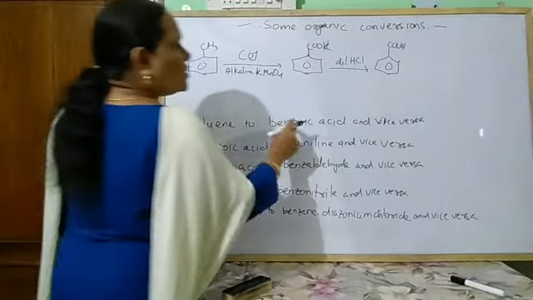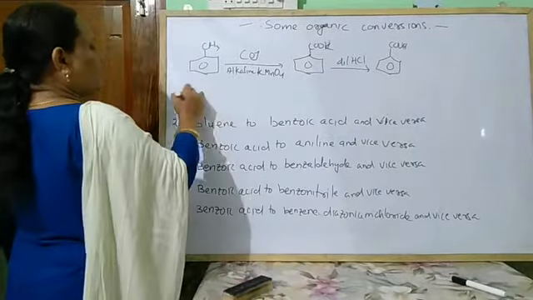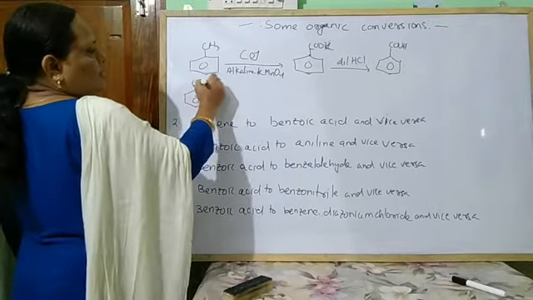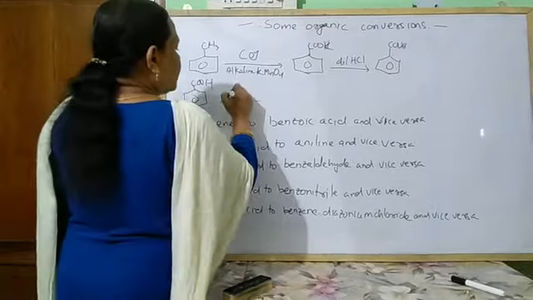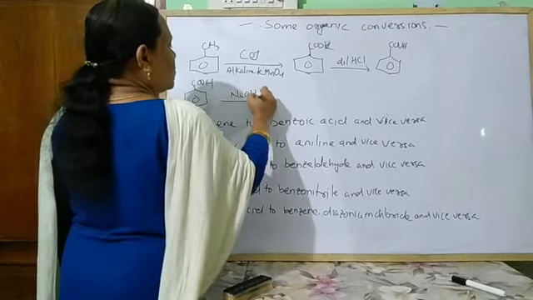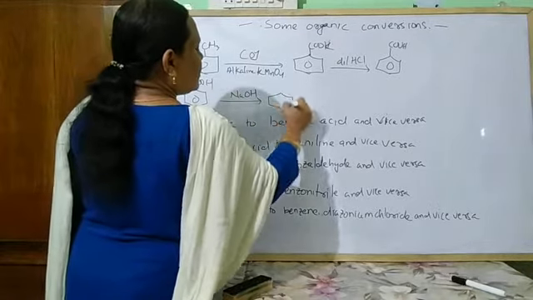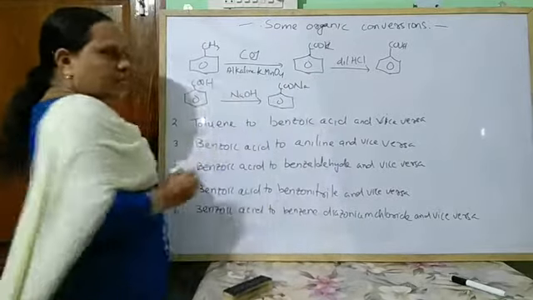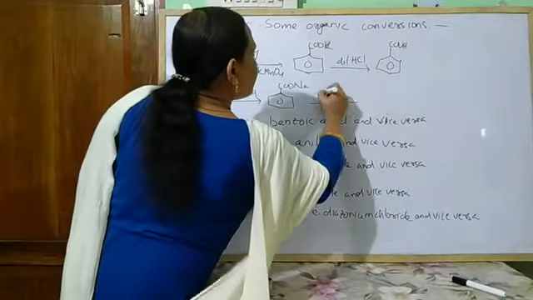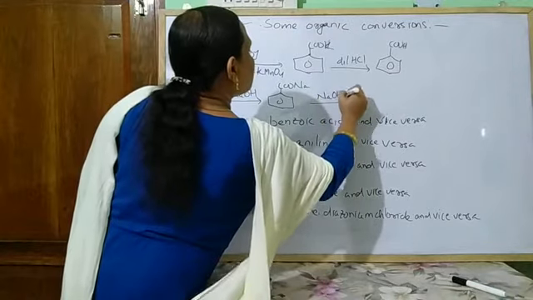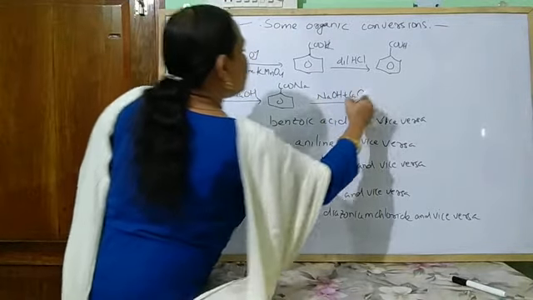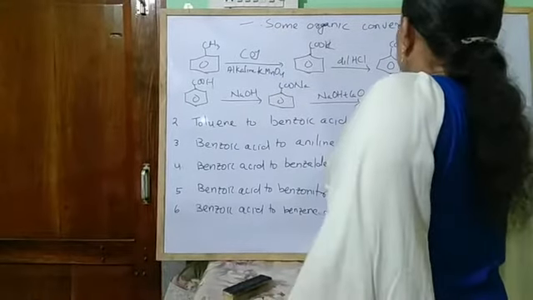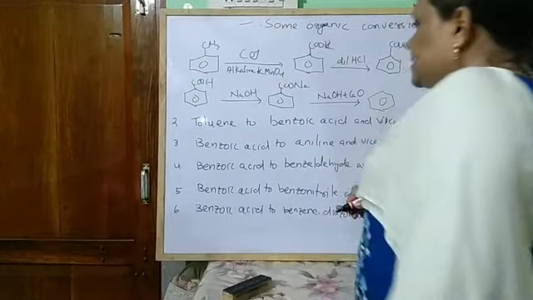And again, benzoic acid to toluene. This is benzoic acid. When it is treated with sodium hydroxide, it forms sodium benzoate, which when heated with soda lime forms benzene.